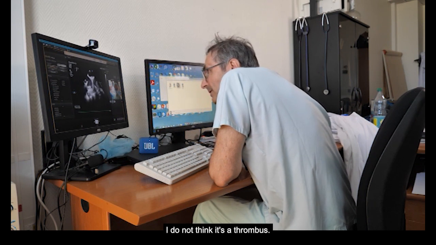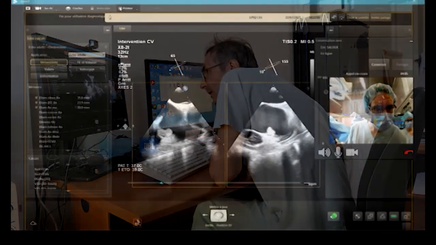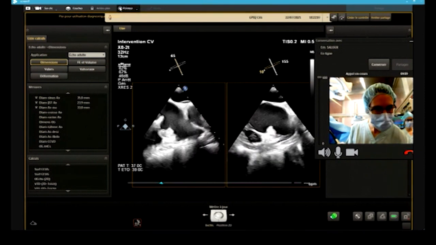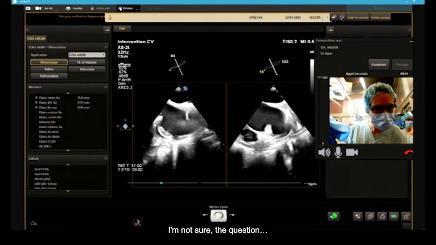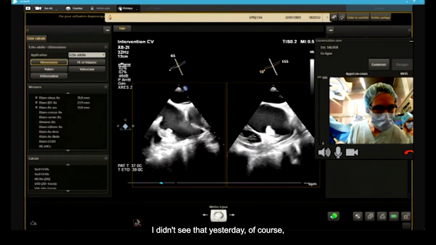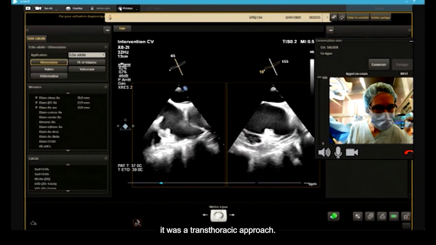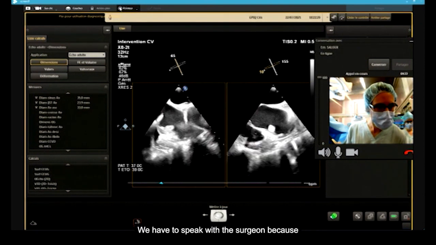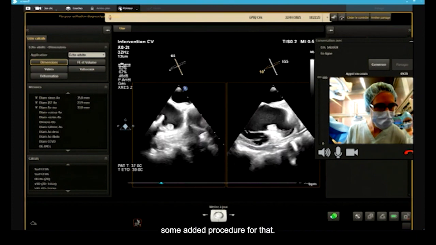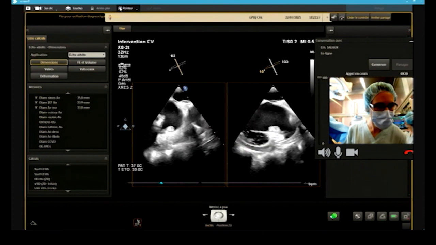I do not think it's a thrombus. It's perhaps a small myxoma. I am not sure, but I didn't see that yesterday. Of course, it was a transthoracic approach. We have to speak with the surgeon because it's going to need some additional procedure for that.